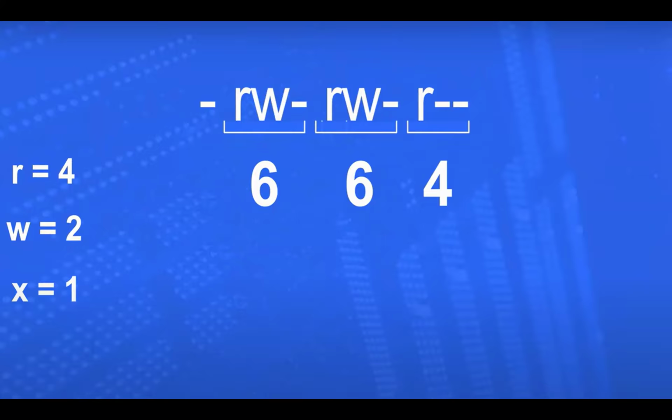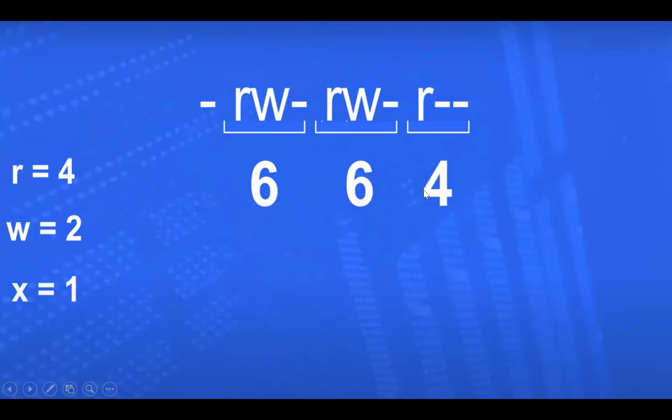Correct. Now you can see RW, this file has RW. What is the number for R? It's 4. And write is 2. So overall he has 6.